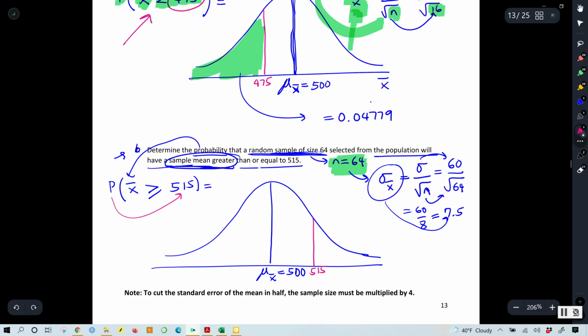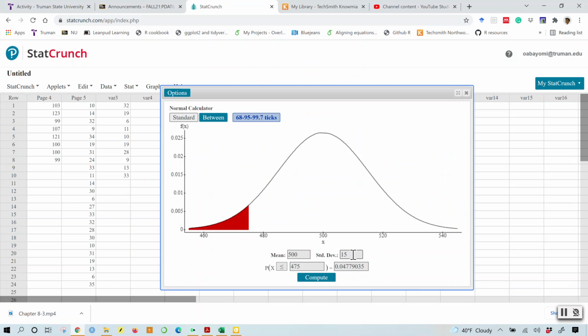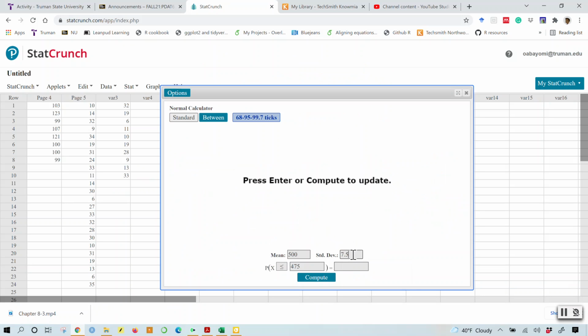So I will locate 515, and I want the area above 515. So with that said, let's find that. I need to adjust my parameters here, 500. I'll go back. This should be 7.5.